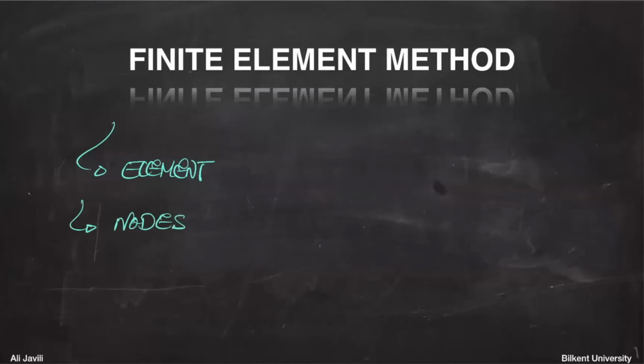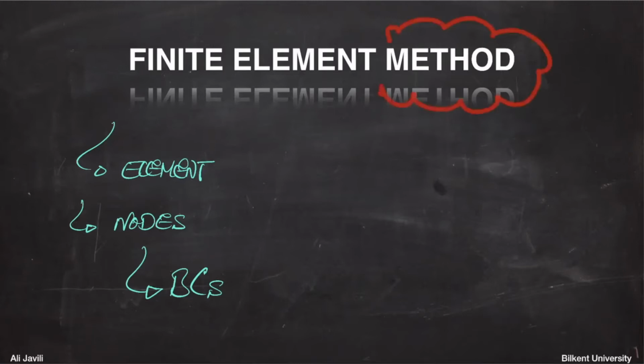And usually, your boundary conditions are imposed on these nodes. And then you solve your problem. The approach that you use to solve your problem is the methodology of the finite element method.